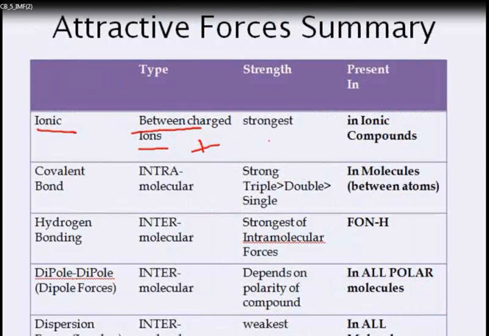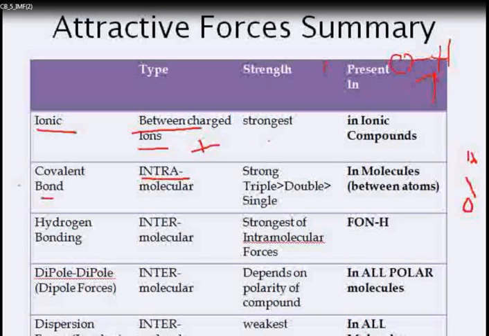In molecular compounds, the strongest thing is the covalent bond, which is the bond, of course, between two adjacent atoms, right? So the OH bond within the water. That's the strongest. That's an intra, it's part of the bond. And the triple bond is stronger than the double bond, which is stronger than the single bond, as you can imagine. And it's in molecules between atoms.